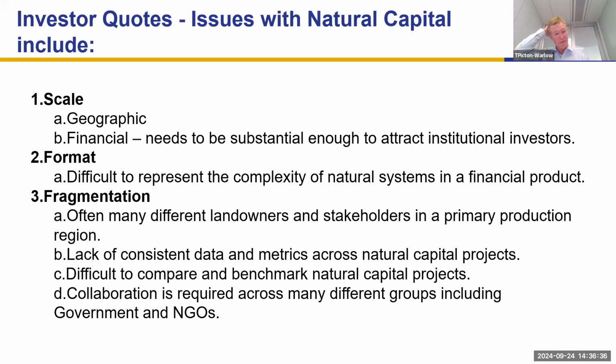and need in their thinking. So a few more points just quickly is scale, as I've mentioned, format, how are we going to represent this complexity of natural systems in a financial product. A lot of people talk about fungibility, which I think is potentially a bit of a question, well, how is nature fungible?